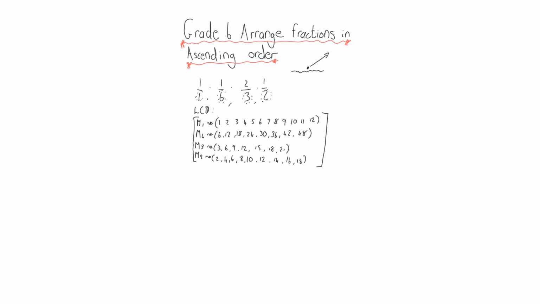The first number in each of these multiples will be 6, 6, 6, 6. What I mean by the first number in each of these multiples is the first number that correlates with the other multiples.